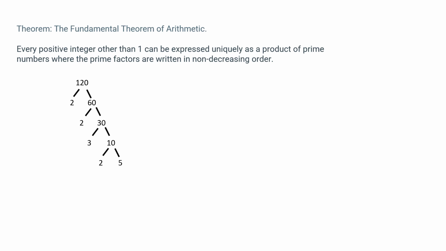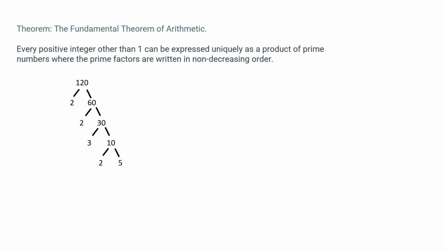This is how I usually do it. If I want to write 120 as a product of prime numbers, I can start with the 120 at the top and draw some branches and think, what two numbers multiplied together give me 120?